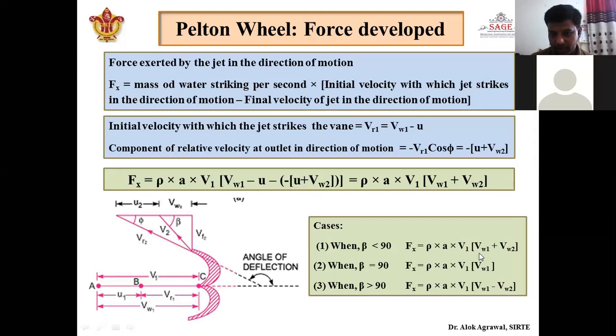So there are three cases. Once when beta is an acute angle, it will be VW1 plus VW2. Once when beta is 90 degrees, VW2 will become 0. And once when beta is greater than 90 degrees, VW2 will become negative. It is in the opposite direction.